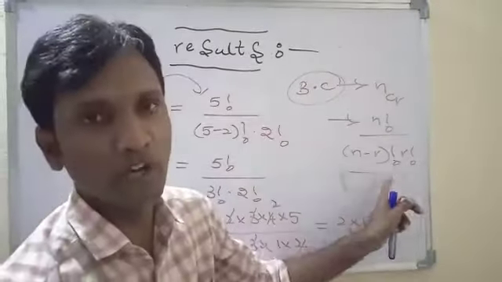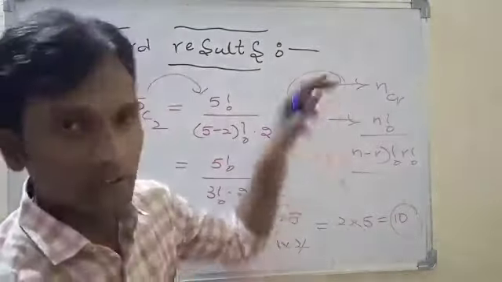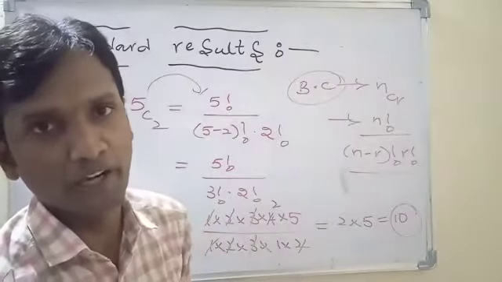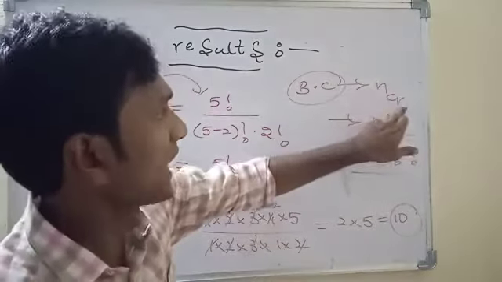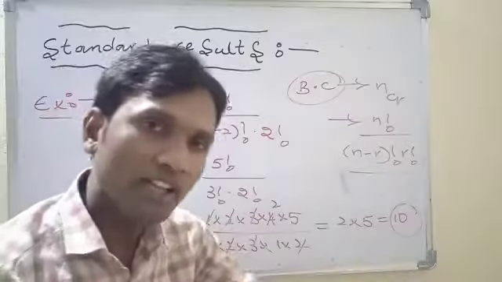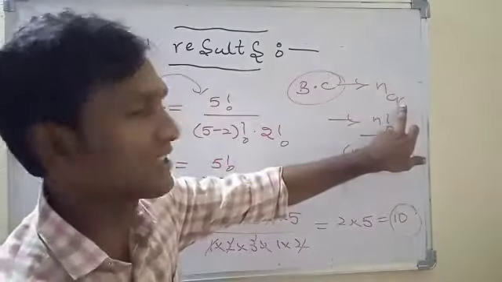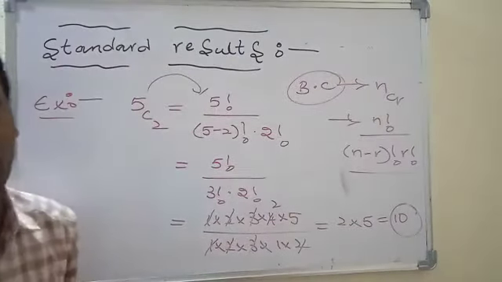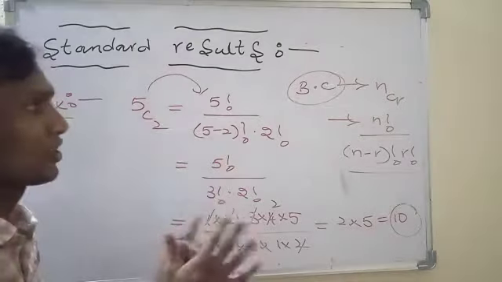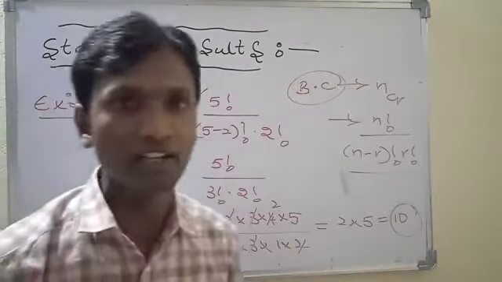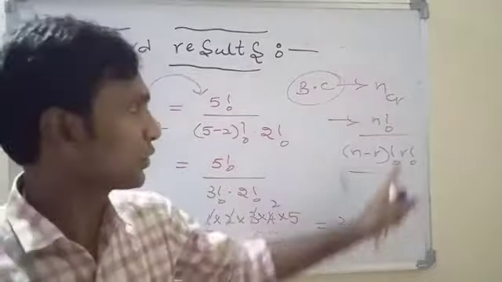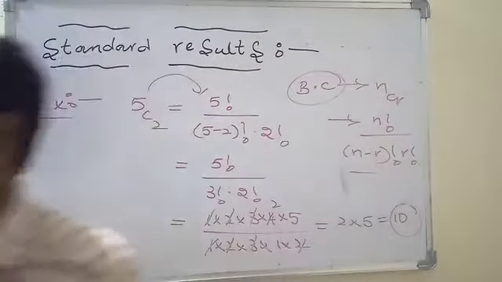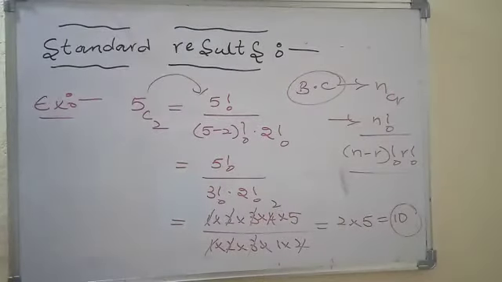But to apply this formula, two conditions must be satisfied. What is the first condition? n is greater than or equal to r. What is the second condition? 0 is less than or equal to r, which is less than or equal to n. So this is the first standard result: nCr equals n factorial by n minus r factorial into r factorial.